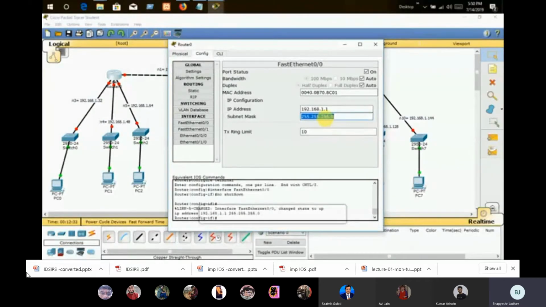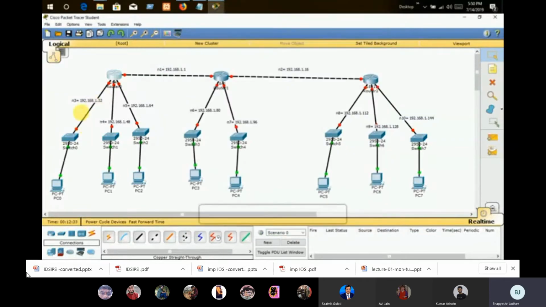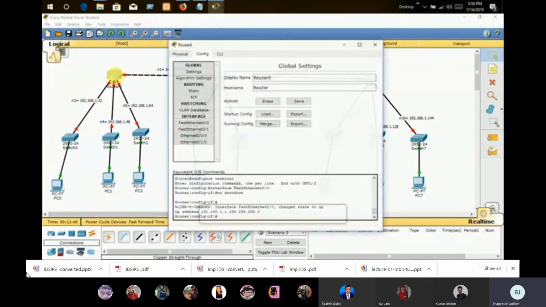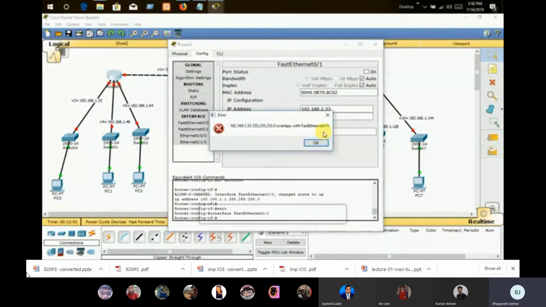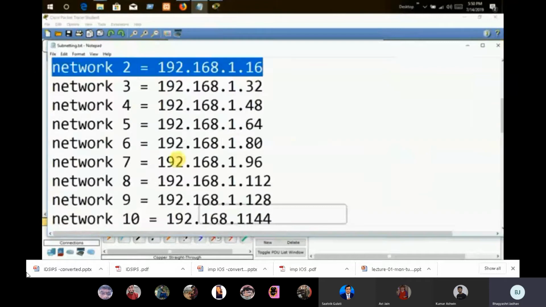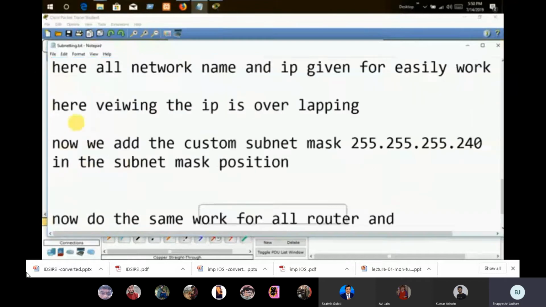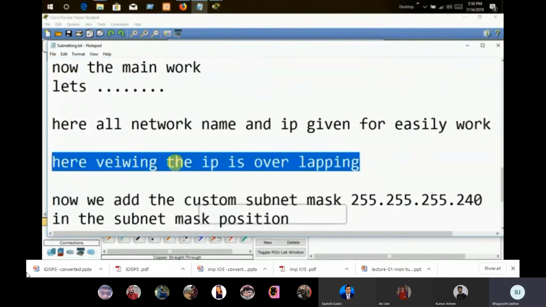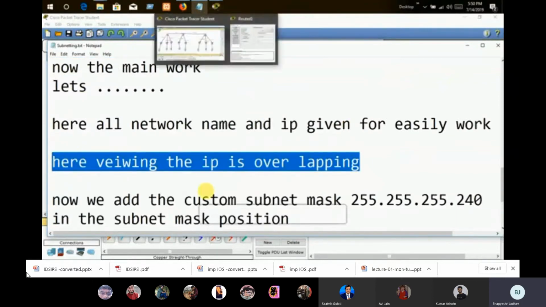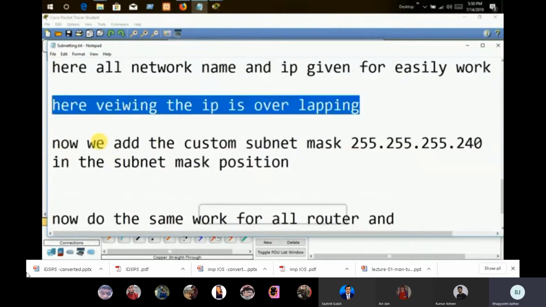The IP is overlapping. Same work for the routers.